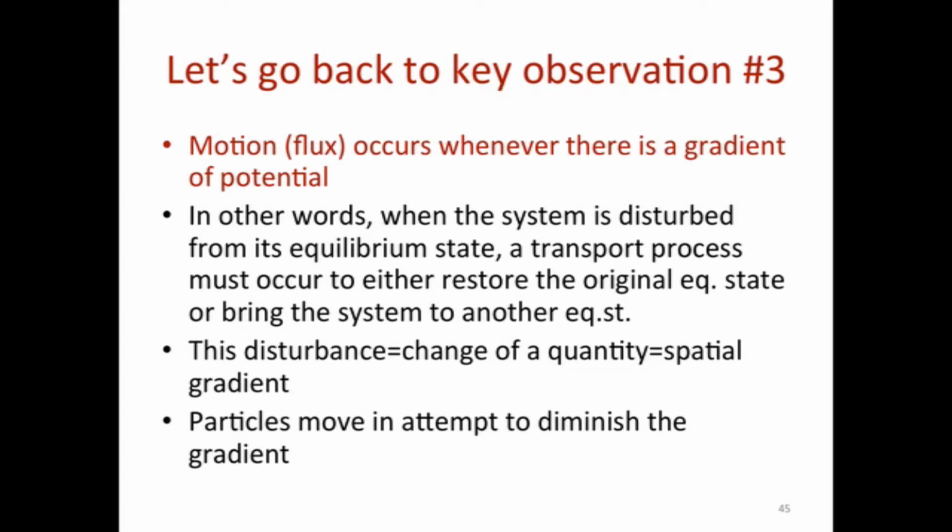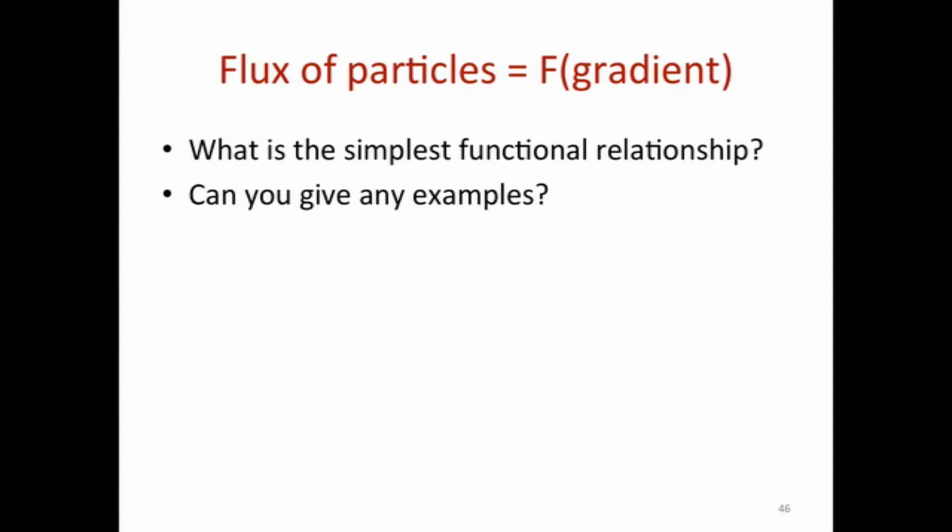For all of the phenomena that we look into, we have a molecular basis, even though we apply continuum equations. In order to apply continuum equations, I have to have a functional relationship that relates my flux of particles, some sort of continuum flux of the matter, and that gradient. Okay.